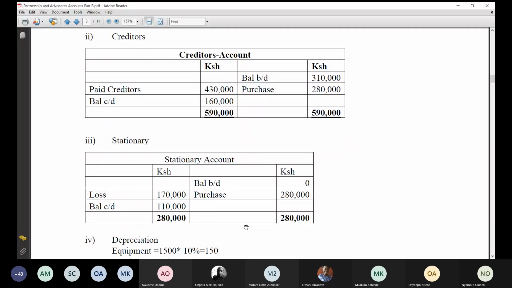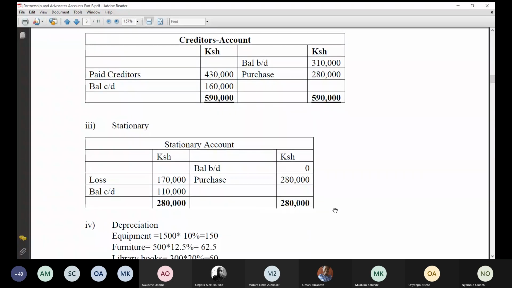For the stationery, we had a purchase of 280. And out of that, we could just work it directly, just like I'd said.